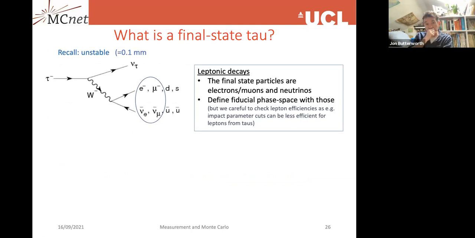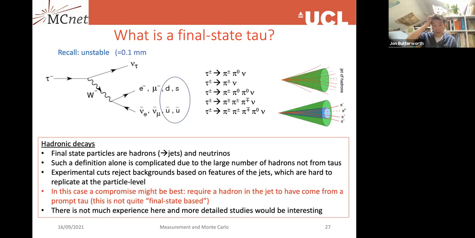Final state tau, we can tag these, at least some fraction of them, when they live long enough. The final state particles are electrons, muons, and neutrinos for leptonic decay. So you can define the fiducial phase space in those. Initial issues are essentially the same. Hadronic decays, the final state particles are hadrons, which can be clustered as jets sometimes, and again the neutrino.